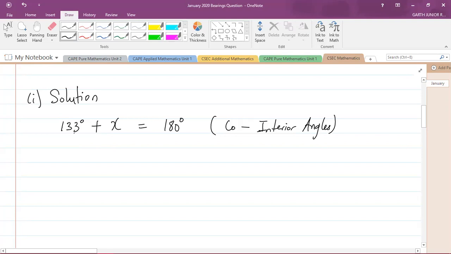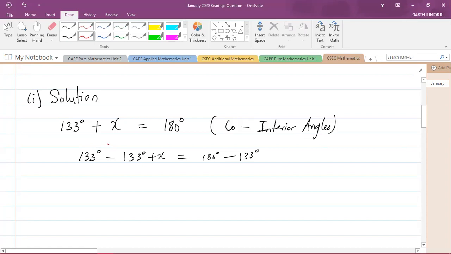So let us calculate the value of X. I'm going to subtract 133 degrees from both sides of the equation.